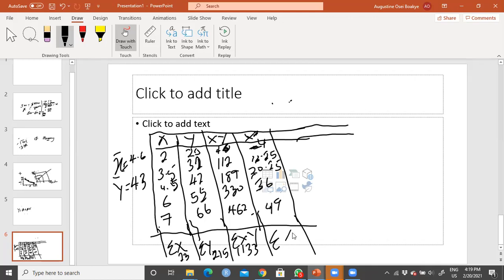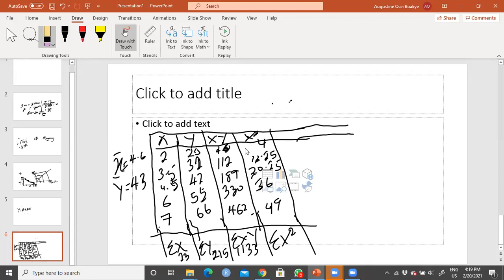So to get the summation x squared, we have to add all these numbers. Please, someone should do it quickly for me. I'm calling out the numbers: 4 plus 12.25 plus 20.25 plus 36 plus 49.